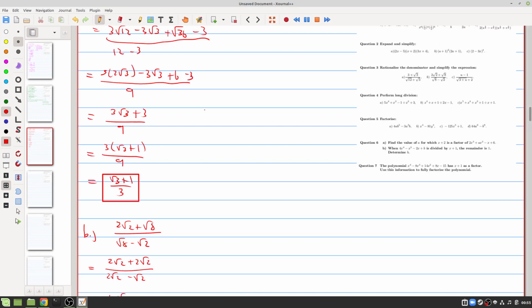Let's do that over here. So we've got u minus 1 over square root of 3 plus u plus 2. Okay, so let's multiply by the conjugate. So we're going to multiply by square root of 3 plus u minus 2 over square root of 3 plus u minus 2.